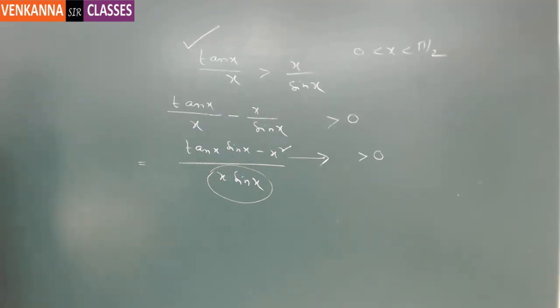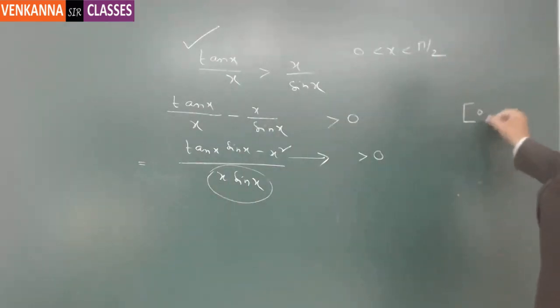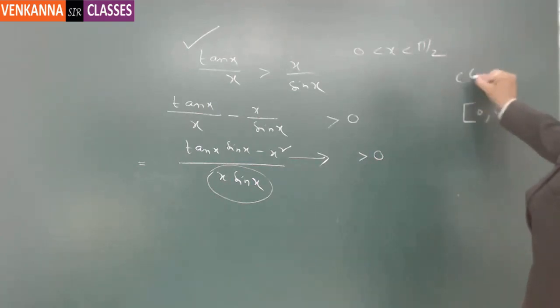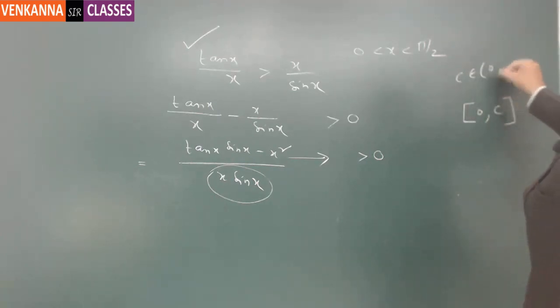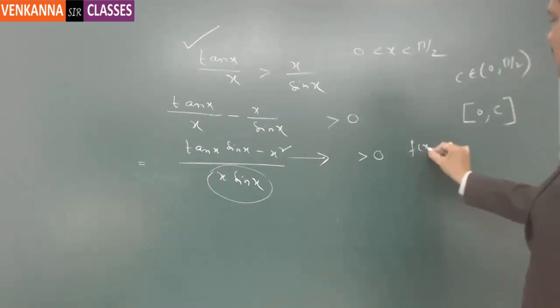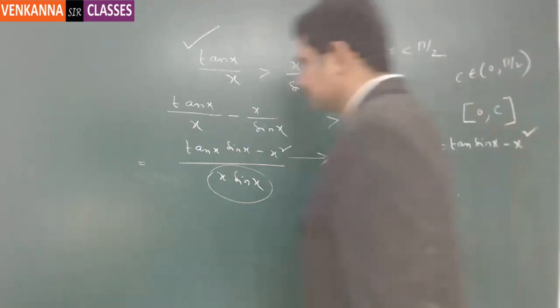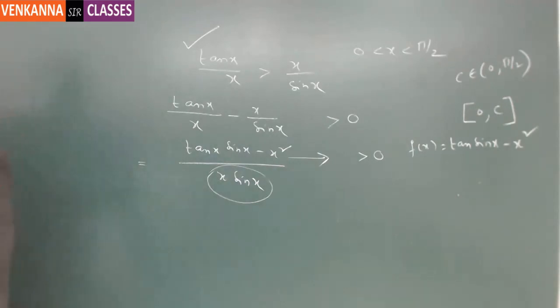Now, since you are taking x which is less than pi by 2, I will take the interval as 0 comma c, where c belongs to the interval, and you take f of x is equal to tan x into sin x minus x square. Is it clear?